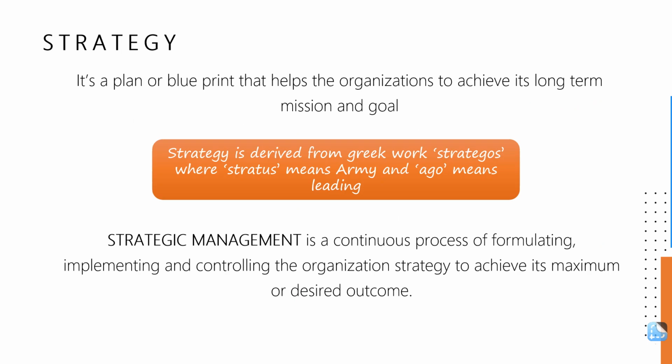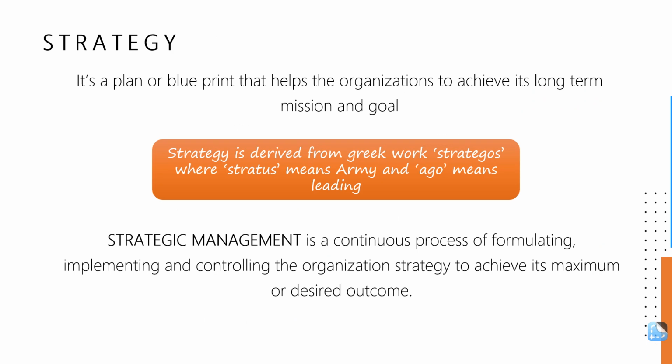So strategic management is a blueprint that helps the organization to achieve its long-term mission and goal. Strategic management is a continuous process. Firstly, you need to formulate the strategy, then implement it and control it.